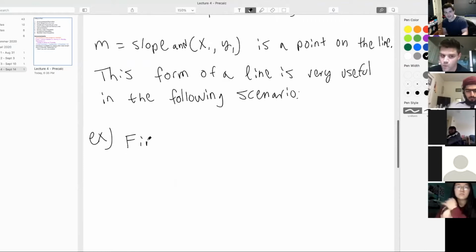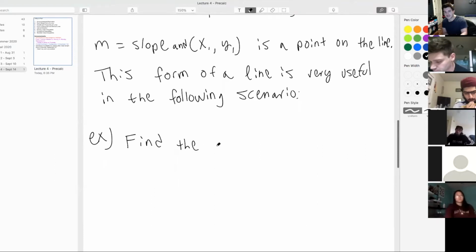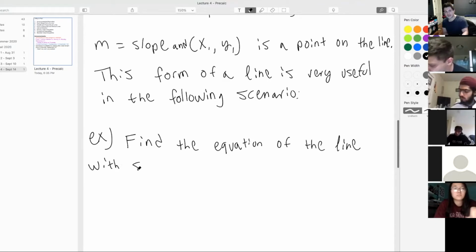So here's the question. Find the equation of the line with slope m equals 3. No, m equals -3. Sorry, hold on a second. So the slope is -3.